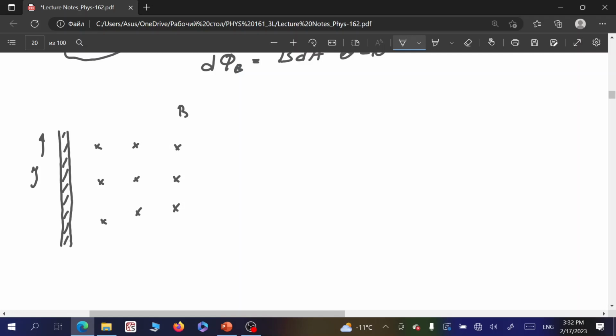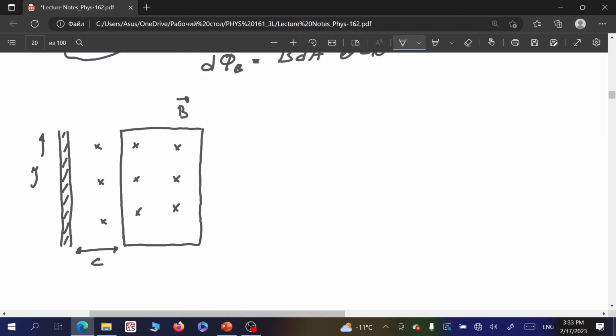So this is the B vector, and we choose some area which is placed like some frame, let's say, placed at some distance c from the conductor.